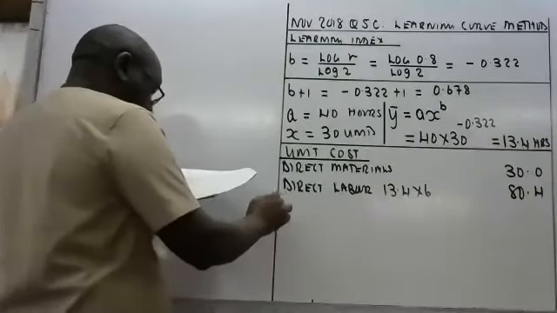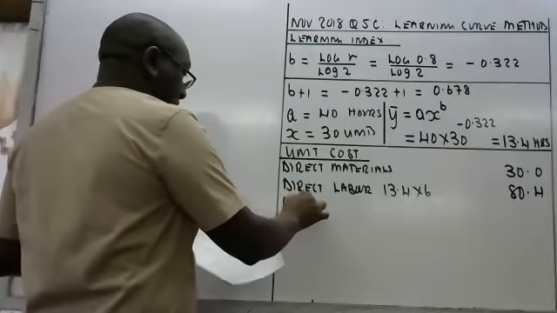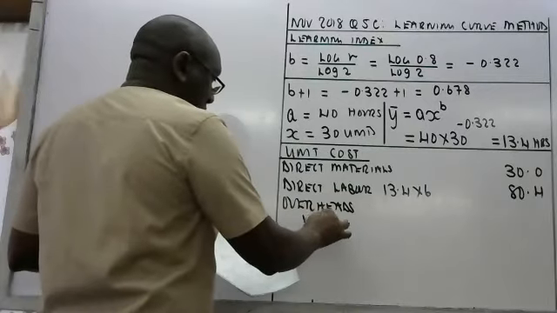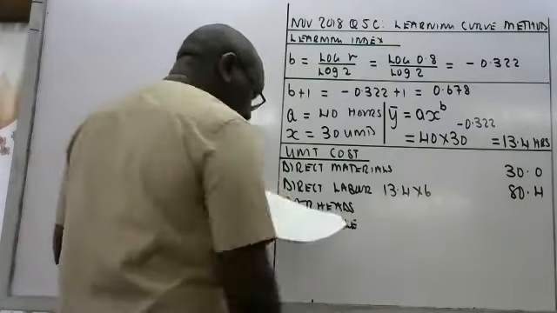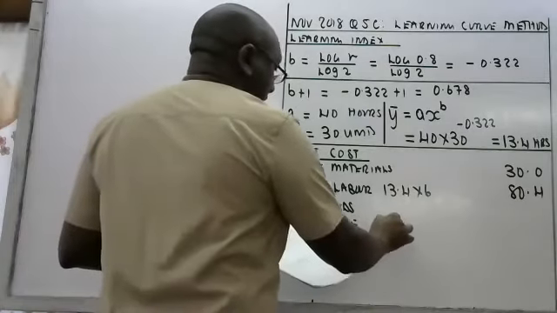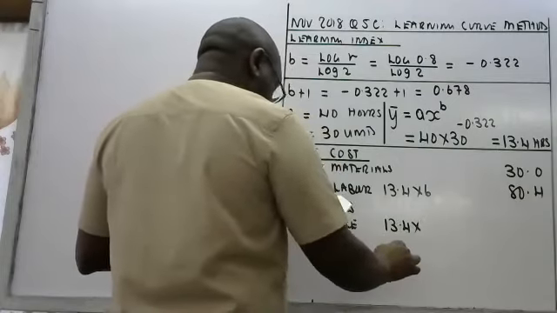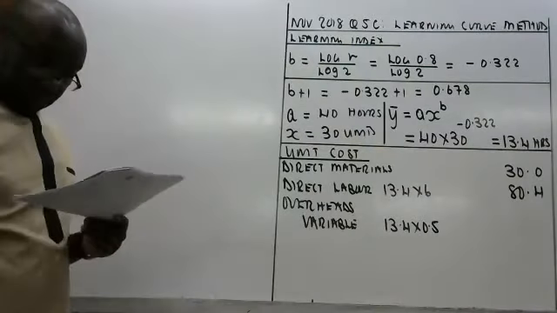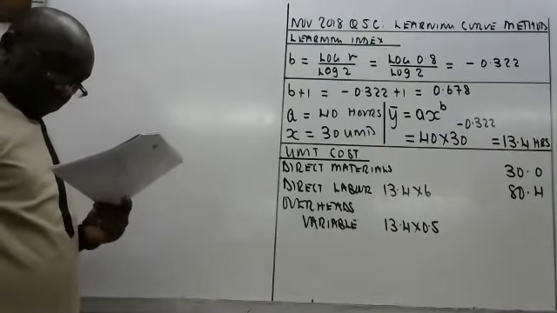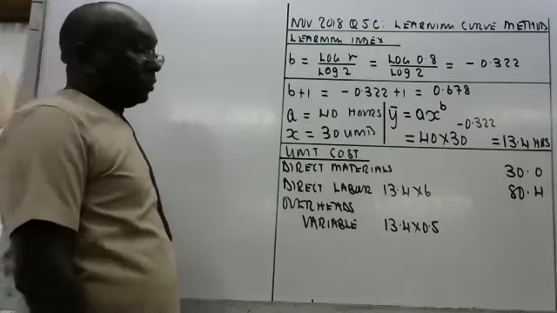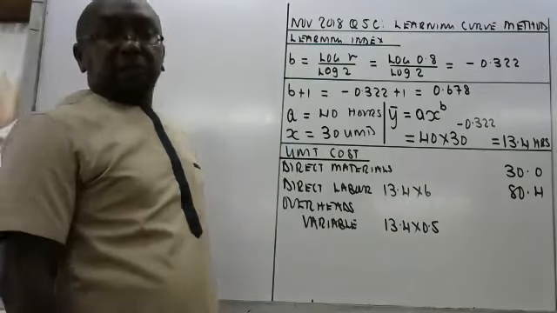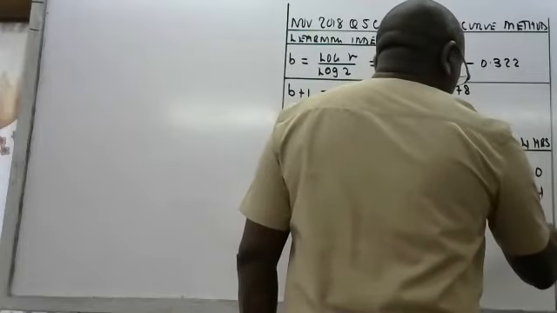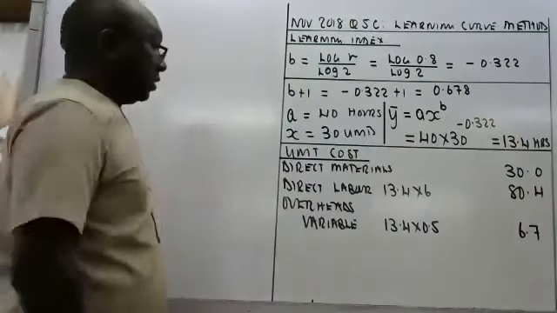Then I need variable overheads, or first of all I just say overheads. Then I start with the variable. For the variable, I will need the hours, 13.4 multiplied by 0.5, which is 6.7.